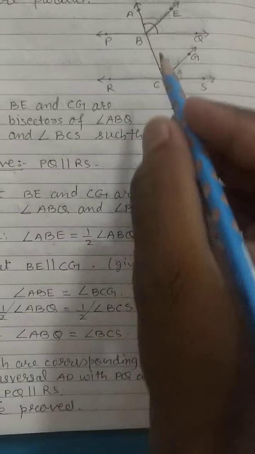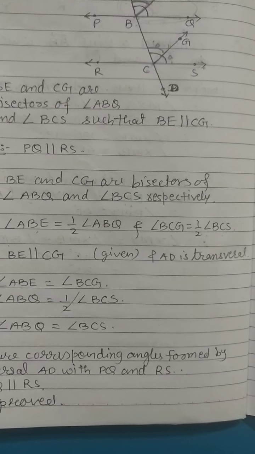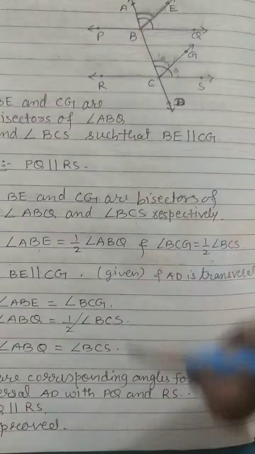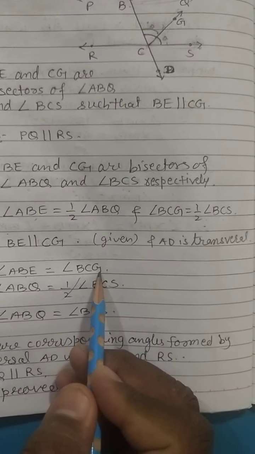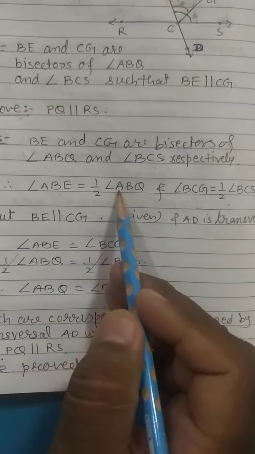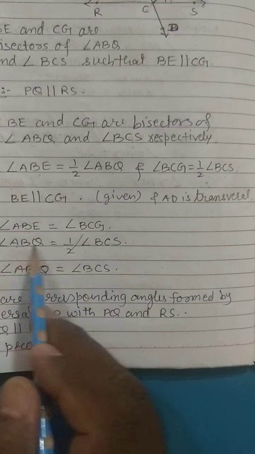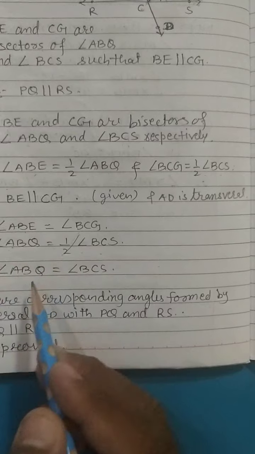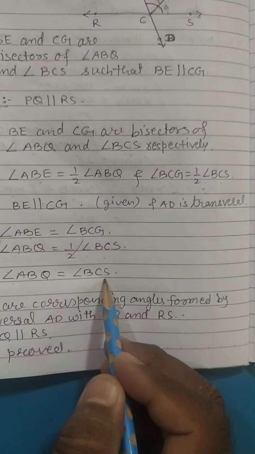So can you say these ABE and BCG are equal because they form a pair of corresponding angles on the upper side of parallel lines. So angle ABE is equal to BCG, but ABE is half of ABQ and BCG is half of BCS, so they are also equal. Cancel the halves, so we have angle ABQ is equal to angle BCS.